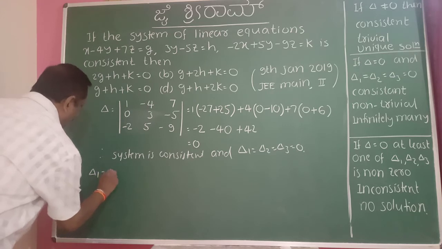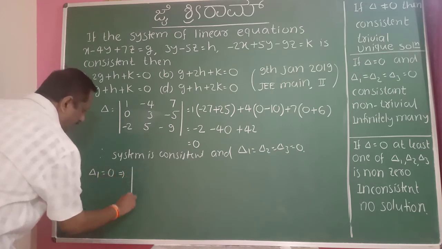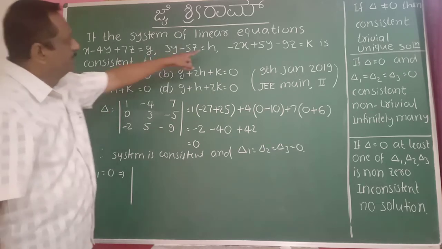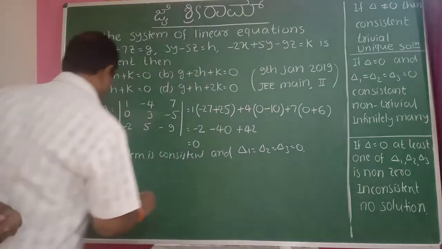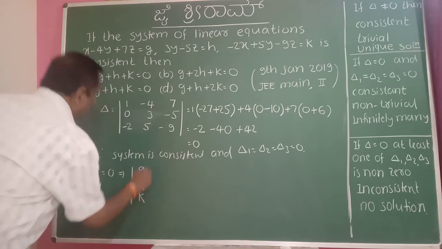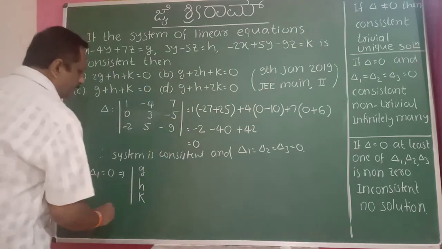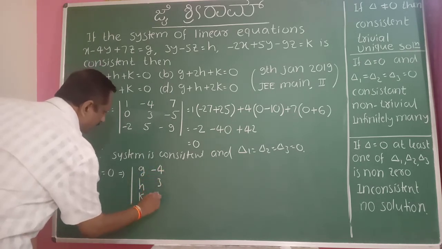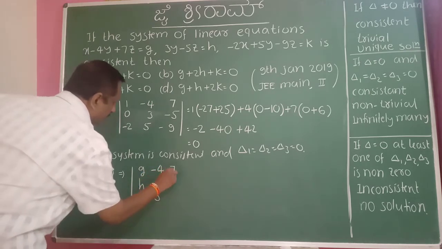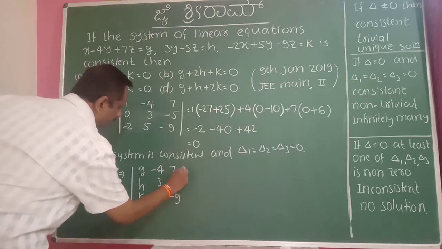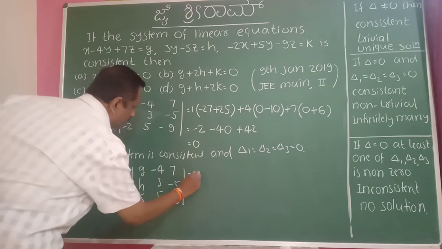Delta 1 equal to 0 implies the determinant, replacing the first column by g, h and k, and keeping the remaining two columns as they are: minus 4, 3, 5, then 7, minus 5, minus 9, is equal to 0.